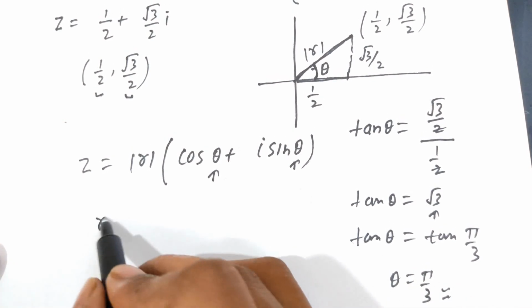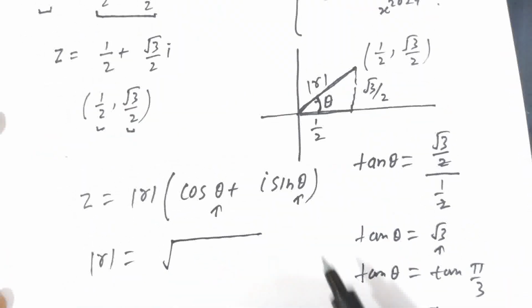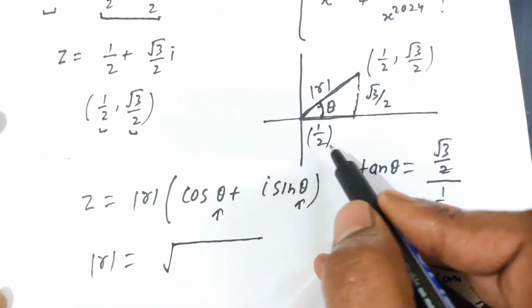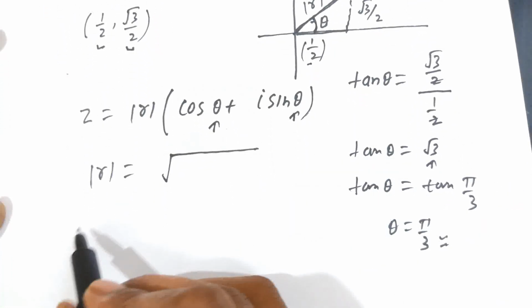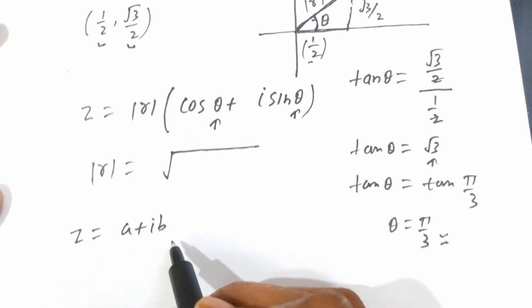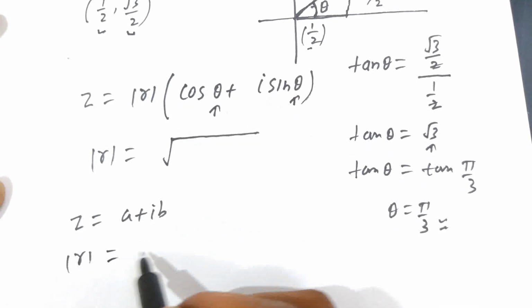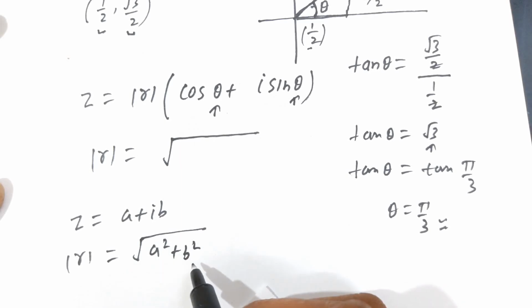Now the modulus r is the square root of the square of this and the square of this. I repeat, students, we know that if z is equal to a plus iota b is any complex number, then modulus r is square root of a square plus b square.